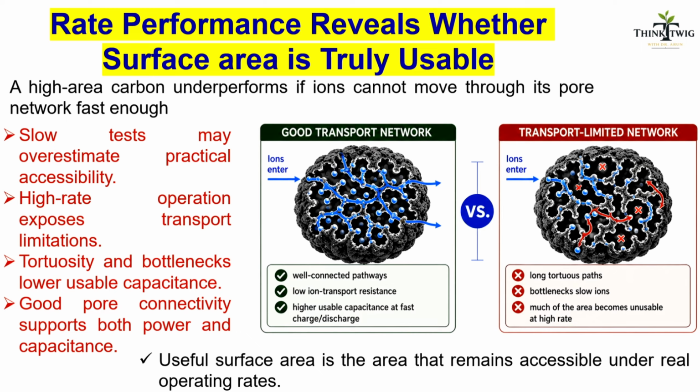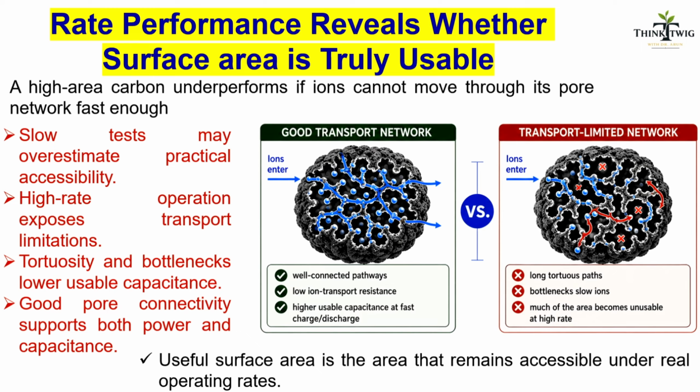Now imagine a huge surface area sitting after that bottleneck. The surface exists, but during fast charging, ions struggle to reach it. So its contribution falls. This explains why a high area carbon can perform well at low current density or low current and lose a large part of its capacitance at high current.